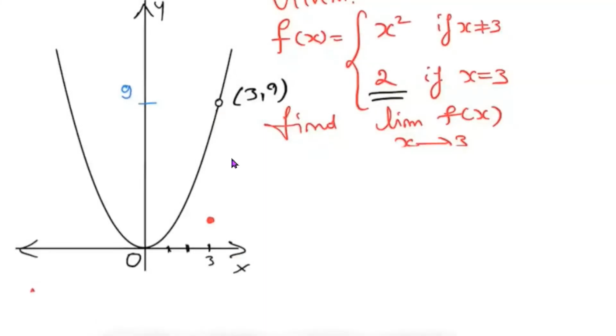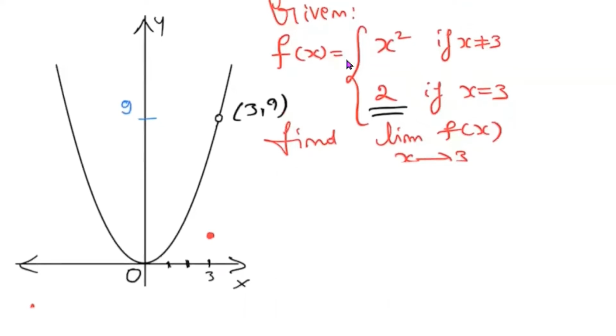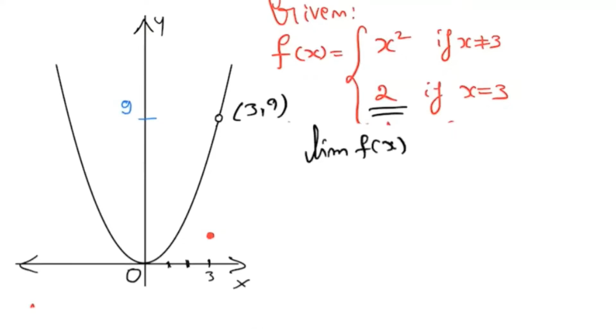Now we shall consider the earlier example. In this one, we found the limit of f of x as x tends to 3 is 9. But here in the given problem, if you find f of 3, that is the functional value, by direct substitution, when x equal to 3, f of x is defined as 2.